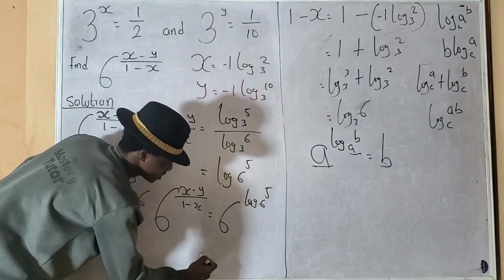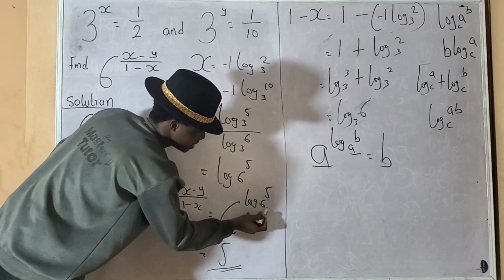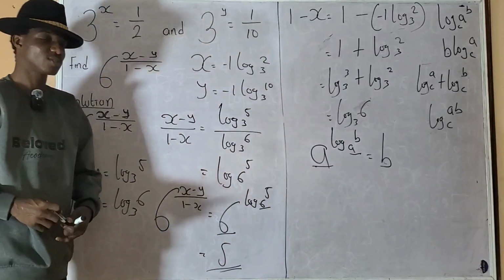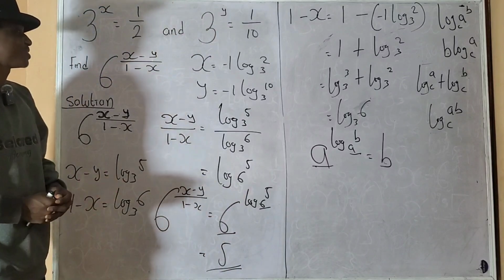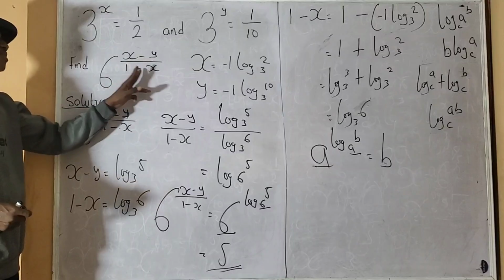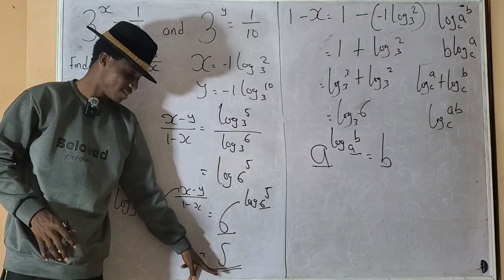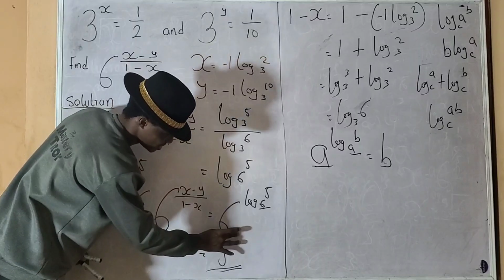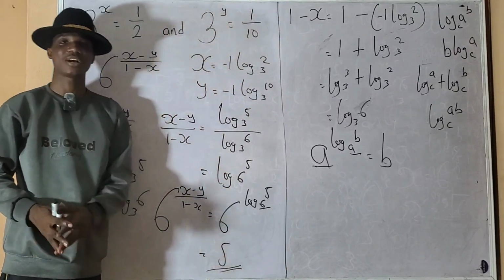That means the result here will be 5. Do you know why? Because 6 is here and the base of this logarithm is also 6, so we're going to obtain 5 as the answer. So the solution to 6 raised to the power of x minus y over 1 minus x is 5. Do you understand? The solution is 5. Let me erase this so that you won't get confused. So the solution is 5.